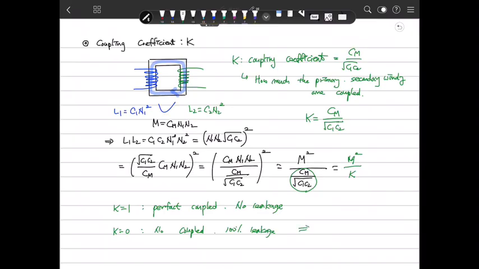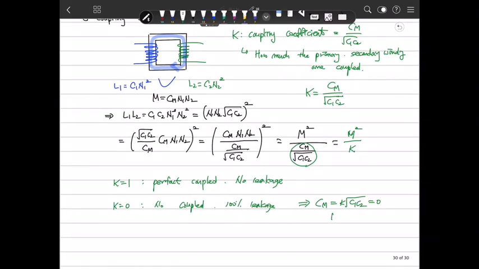Because K was 0, Cm is K squared C1 C2, that is 0. Therefore M is 0.